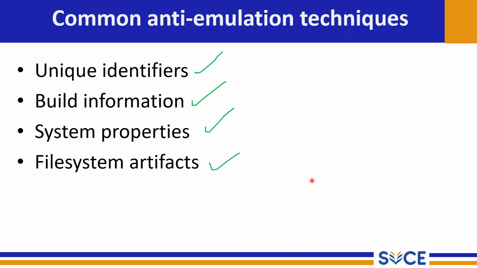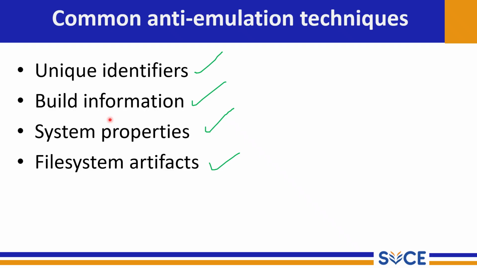Now, real-world applications of anti-emulation techniques. First one, software protection. Legitimate software can use anti-emulation to prevent reverse engineering and to protect intellectual property by making it harder to analyze or copy. And next, malware analysis.